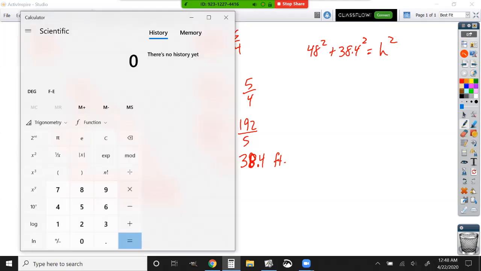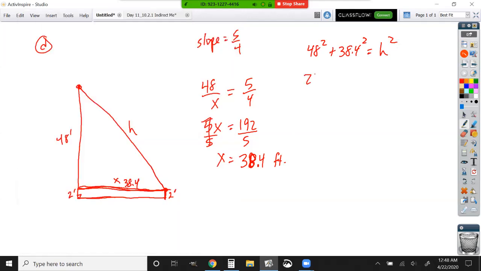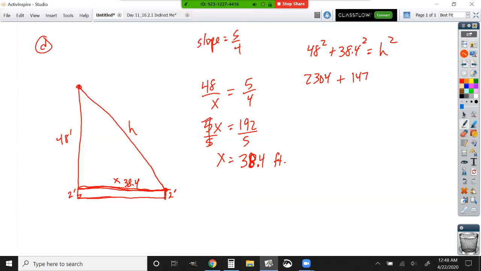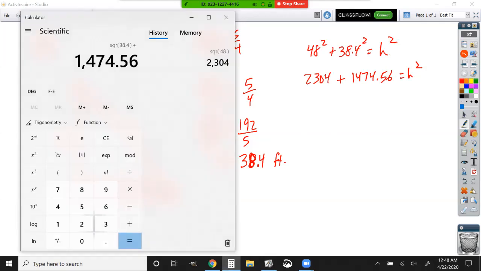Now I will use my calculator. 48 squared, 2,304, plus 38.4 squared, 1,474.56 equals h squared. Add the two numbers together.